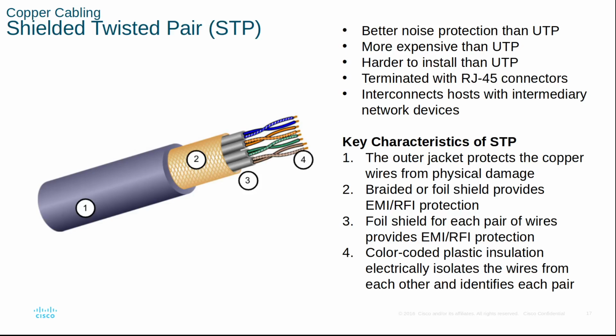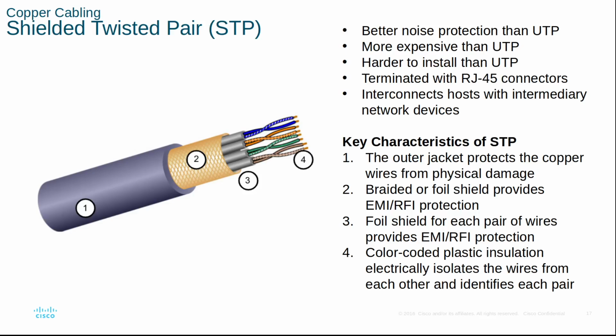They've got a few extra things within the cable. They've still got an outer jacket that protects the copper wire from physical damage, and they still have the 8 wires that are twisted in pairs internally with the color-coded plastic insulation. But they also have a braided or foil shield to add some protection against EMI and RFI.